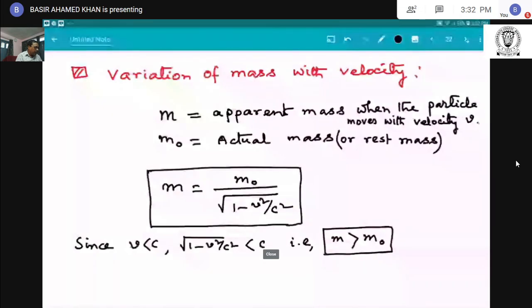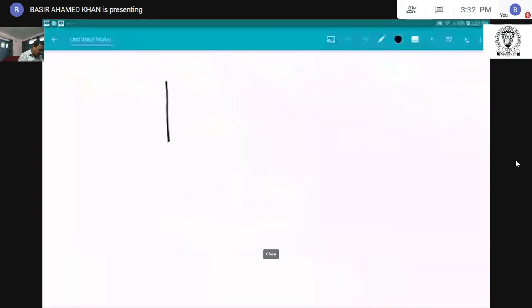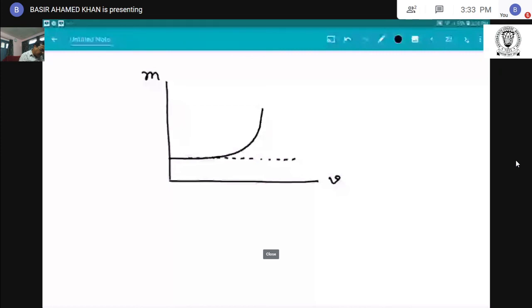If I plot the mass with velocity, with velocity v on one axis and particle mass on the other, I will get this type of curve, where this is c, this is 0, and this is m0, the rest mass.